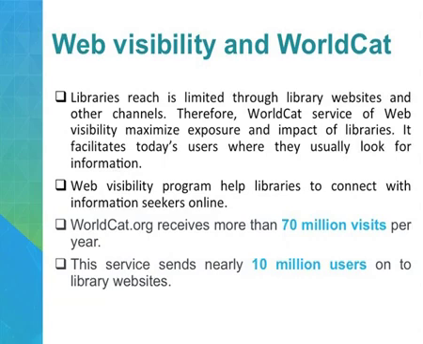WorldCat.org receives more than 70 million visits per year and this service sends nearly 10 million users onto library websites. Web visibility and the web catalog is one of the essential services nowadays for libraries if they want to maximize their reach. Library reach is limited through the library website and other channels.